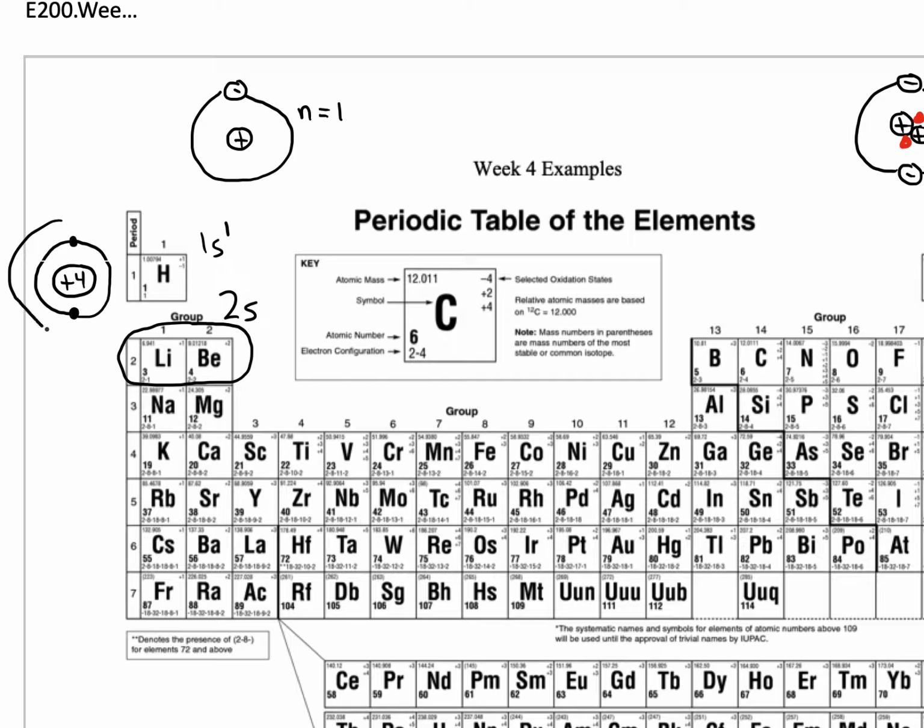And then if we go on to the next energy level, we could have 2 electrons in the second energy level. And so basically this first ring would correspond to 1s, and the second ring would correspond to what would be called 2s.